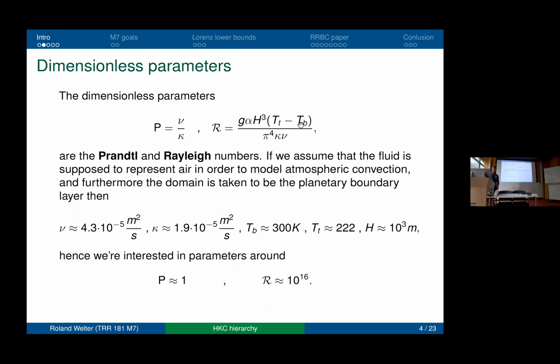It depends on the size of the domain by this h cubed. And because of the large size of the atmospheric boundary layer, we're expecting very large Rayleigh numbers on the order of 10 to the 16. So the Rayleigh number is also a measure of turbulence, so we're expecting very turbulent flows.